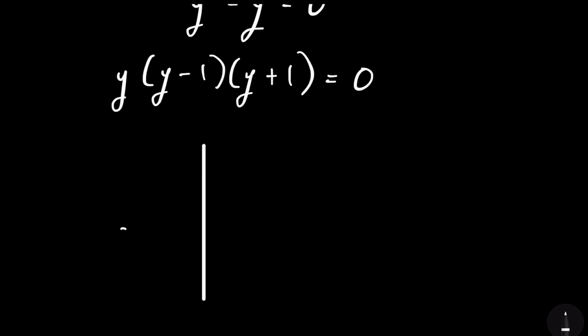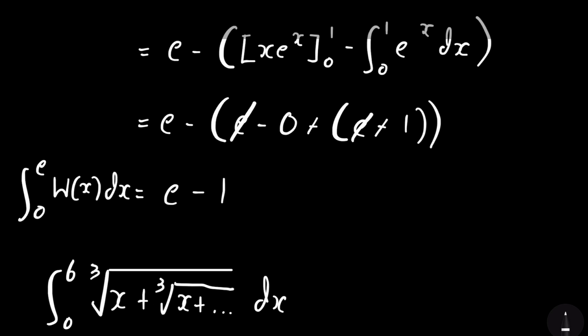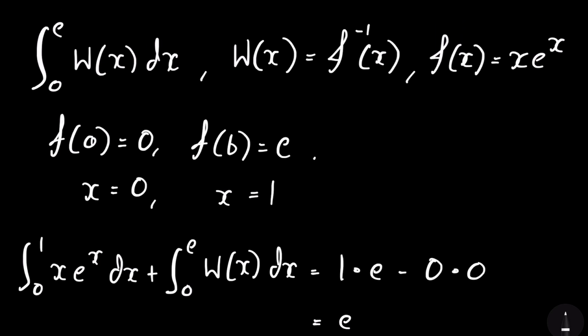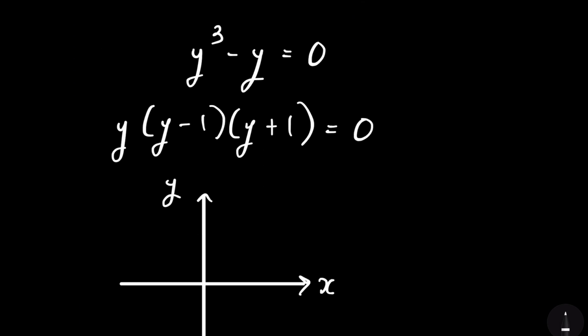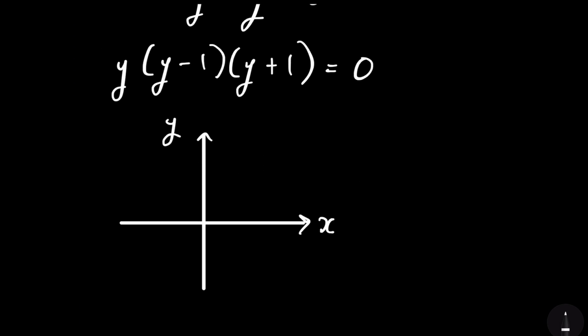Well, to figure this out, we can look at the graph. Now this identity only holds when our function is injective from a to b, which just means one to one. However, if we graph this function, which is a cubic, around the origin, we get something like this. And say 2 is somewhere around here.